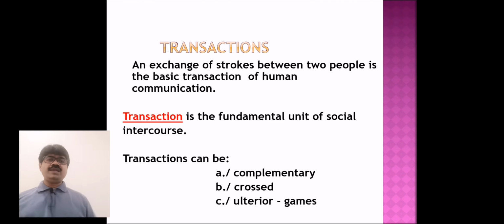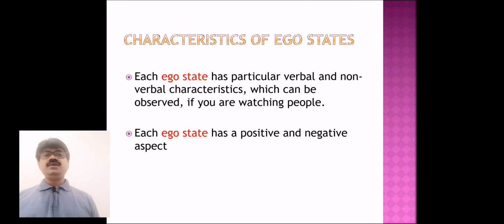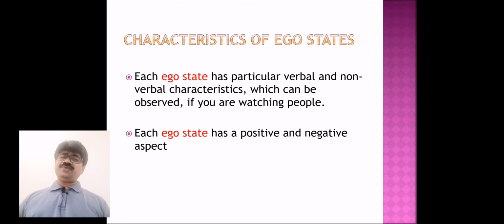We are going to analyze what we mean by complementary transactions, cross transactions and ulterior transactions or games in the coming slides. Now, each ego state has a particular verbal and non-verbal way of behaving.